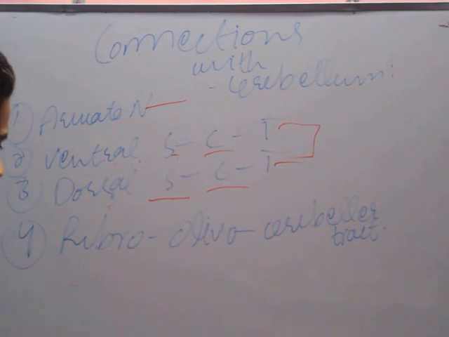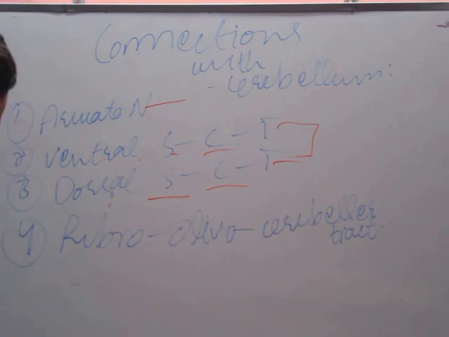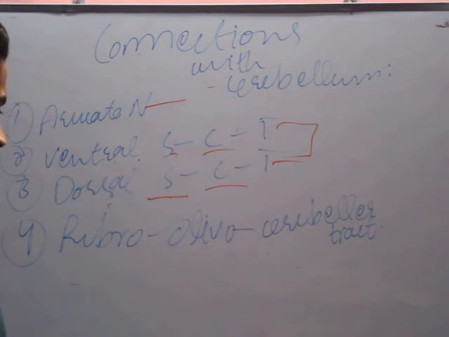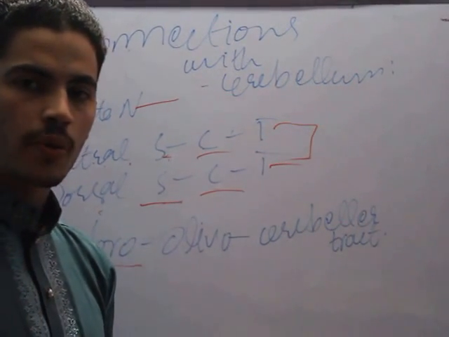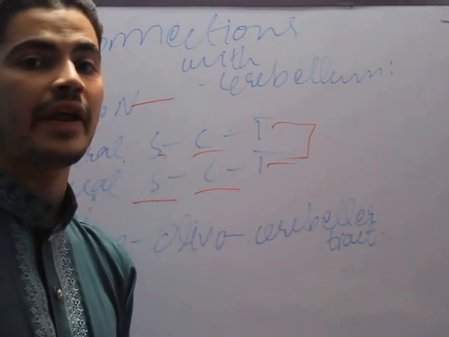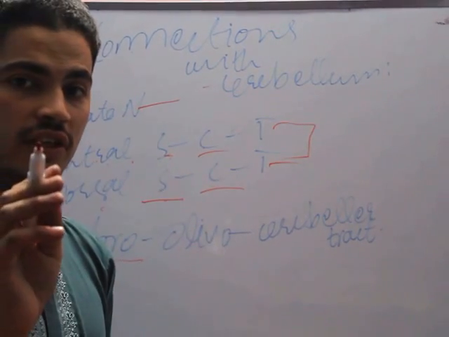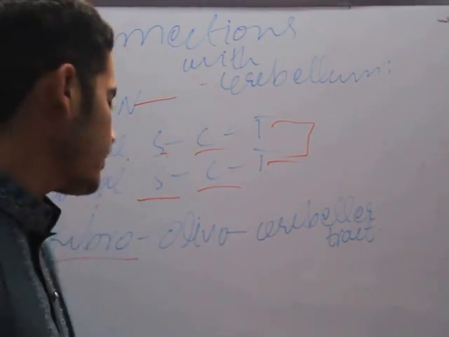So let's come to the last pathway, rubro-olivocerebellar tract. So these are fibers, rubral fibers are coming from the red nuclei present in your brain stem in midbrain, from the red nucleus present in your midbrain.